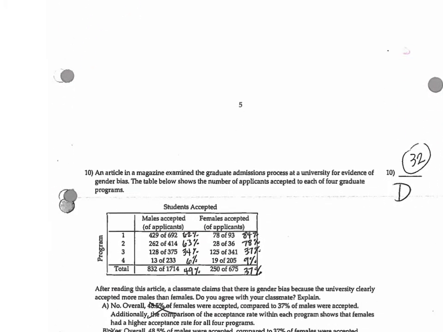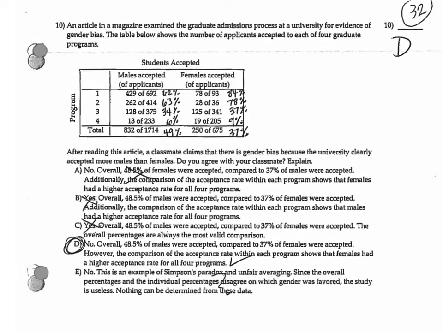Okay, moving on. All right, here was another problem that attempted to consider this idea of Simpson's Paradox. So what I did was we looked at the overall acceptance rate. Overall, 49% of male applicants were accepted and 37% of female applicants were accepted.